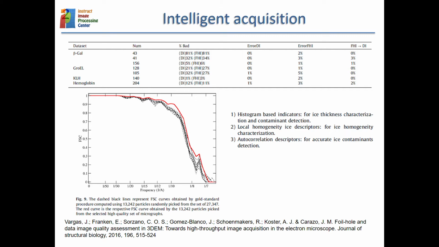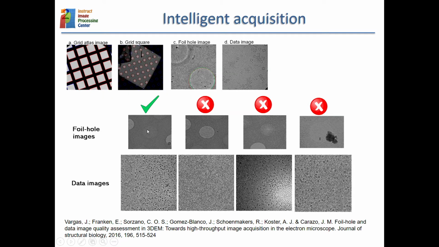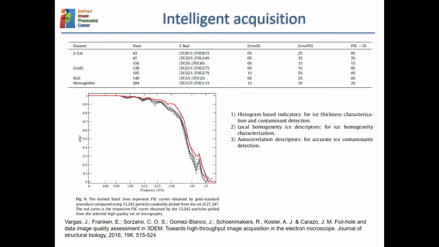So if you can take early decisions on whether these regions are useful or not, that will impact the number of high quality images that you have. And here is an assessment of how these decisions affect the quality of your final reconstruction, because you have fewer images, you have removed some of them, but they are of higher quality.